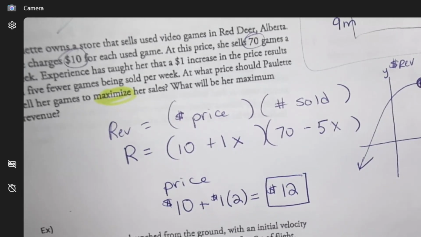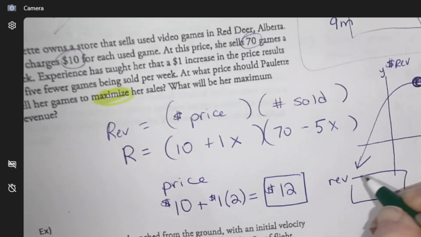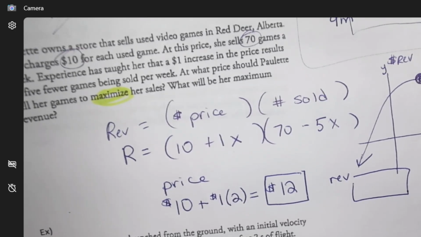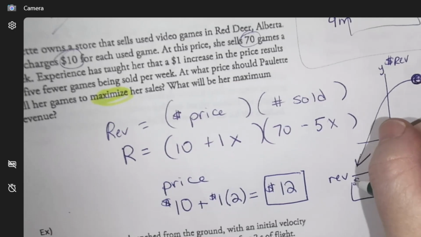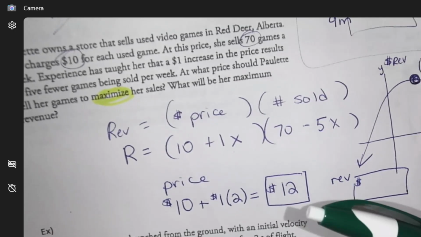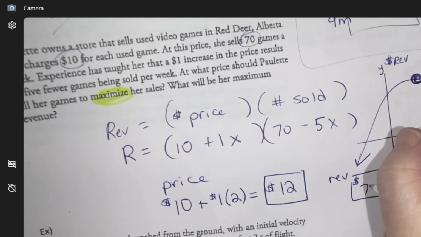We should sell them at $12. And what is the largest revenue amount of money you will make? You don't have to do any work. Where do you find it? The highest on the top, $720.